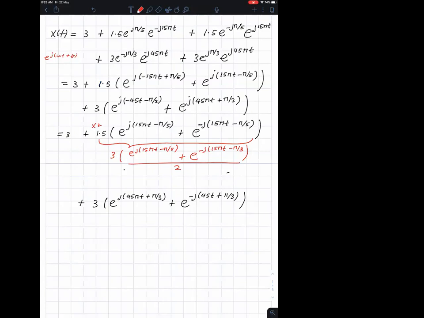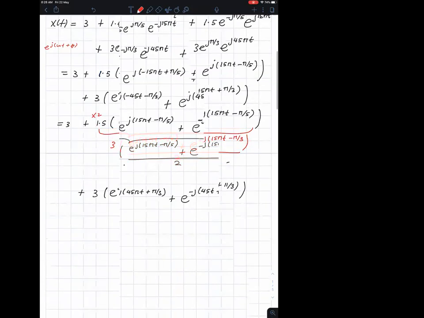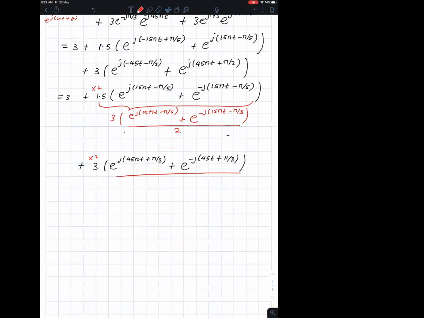Similarly here, if you multiply by 2 and then divide by 2, you can just delete this. I'm going to show you this, but not too much writing. Multiply by 2 and then divide by 2.